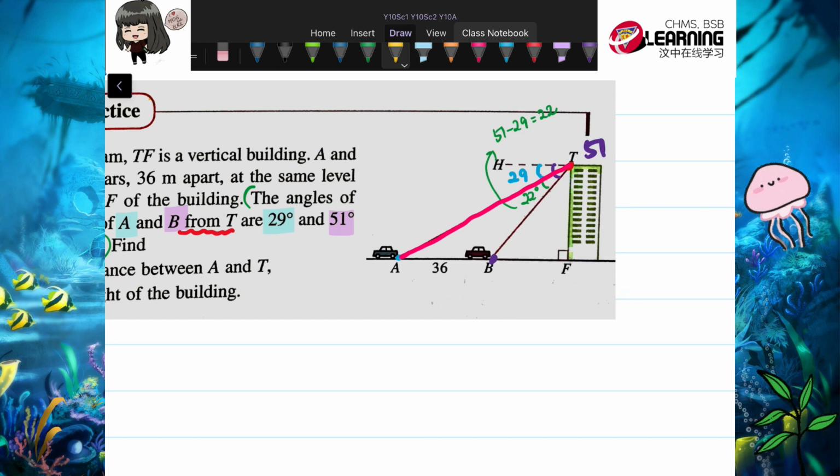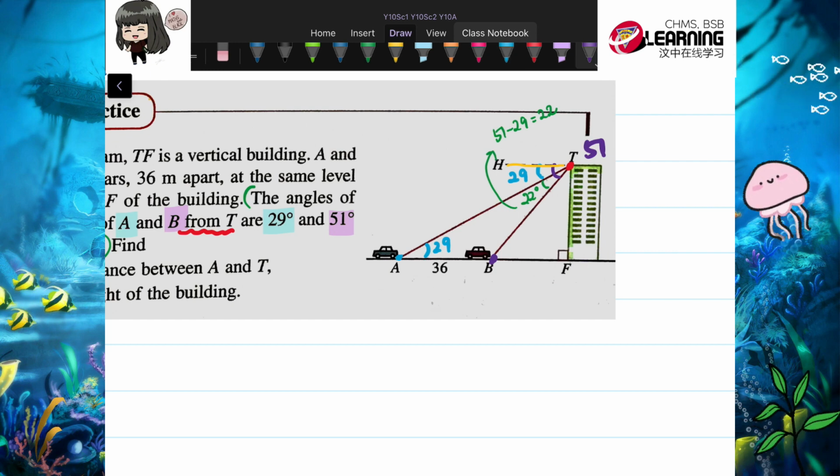Okay, so you can see here 29, it can form a Z, alternate angle. So here is also 29. Okay, I'm erasing this. This is also 29. Then if we know that this is 29, we know that the green one is 22, and you see this one here is a triangle, right?